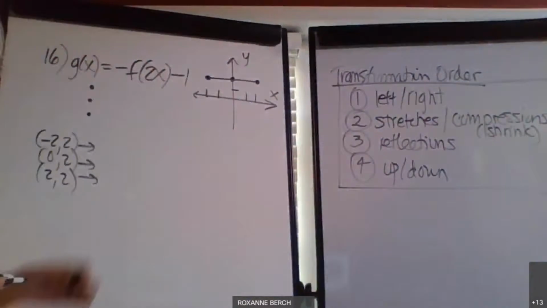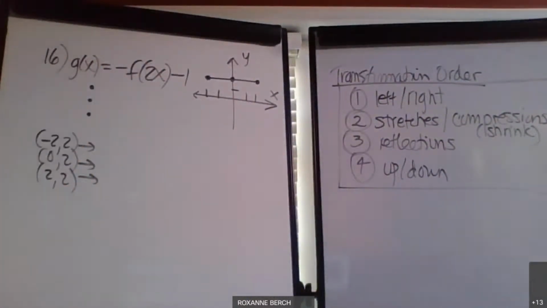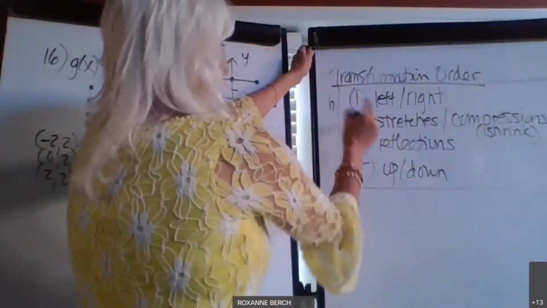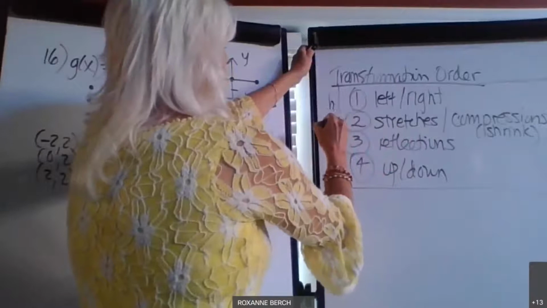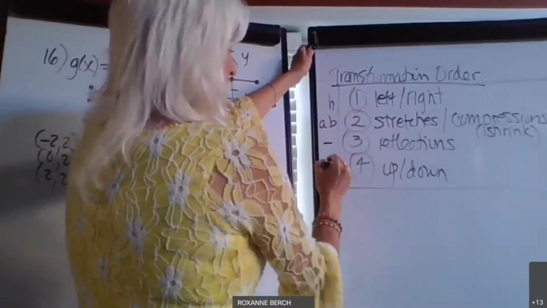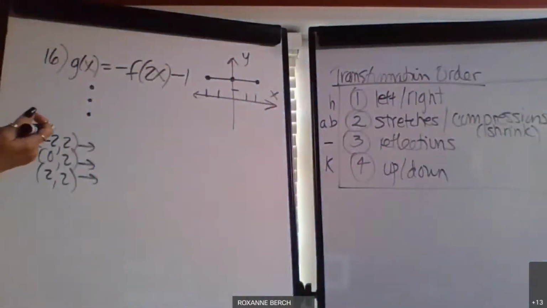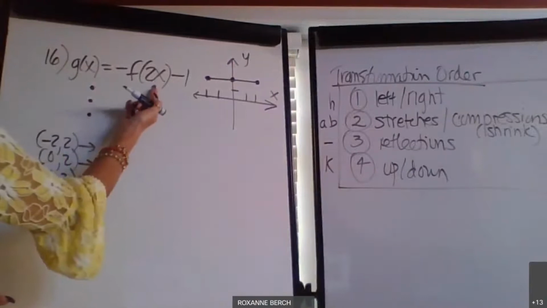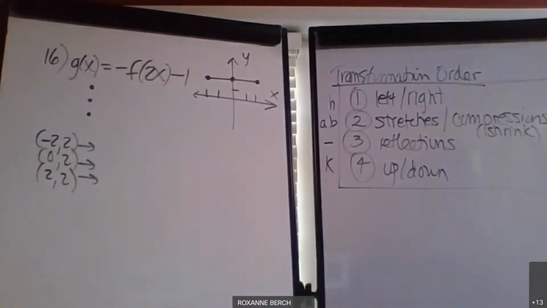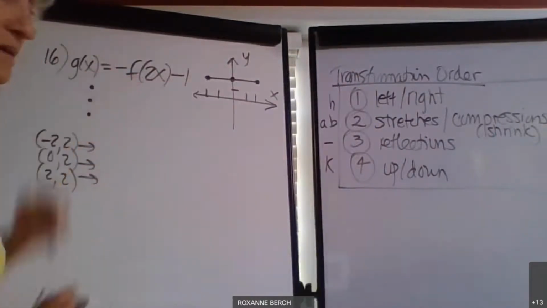All right, so in the correct order, state the transformation. Remember that this is H. These guys are A and B. These guys are negatives, and these guys are K. So do you have an H? No, you don't. So that's out. Okay, do you have a stretch or compression? Do you have an A or B? Well, don't you have a B?